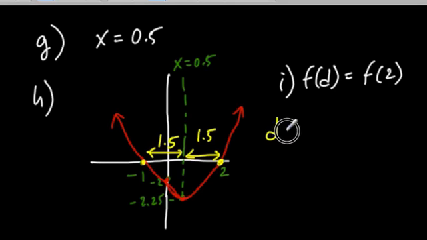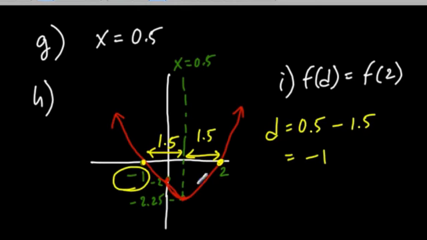And so d is equal to the axis of symmetry, which is 0.5, and it's 1.5 away to the left of it, so it's minus 1.5. And 0.5 minus 1.5 is negative 1, which is exactly what we expected right here. It's negative 1, so it has to be that. So we could have done it by inspection because we know they're both x-intercepts, or we could have used the axis of symmetry and the distance from that to determine where the other symmetrical point is.